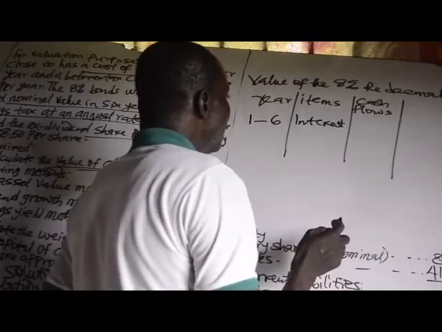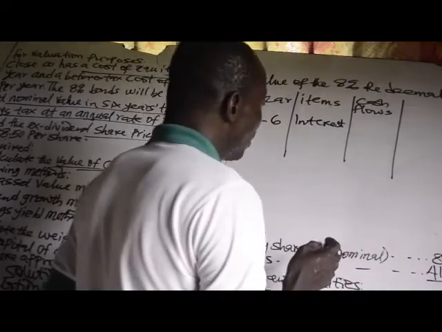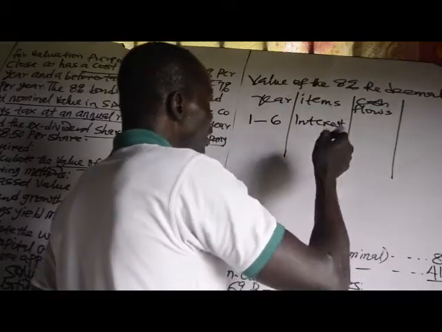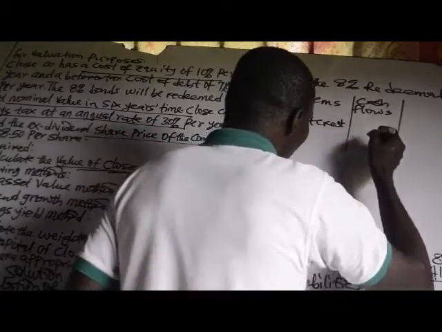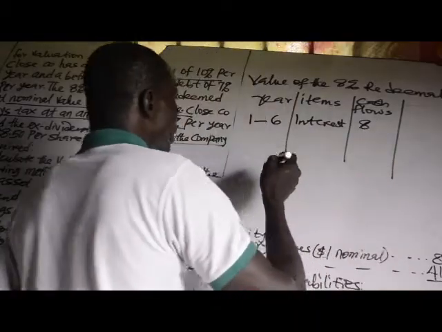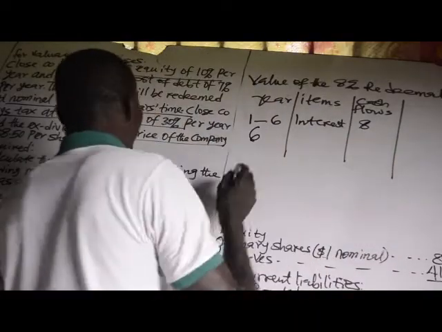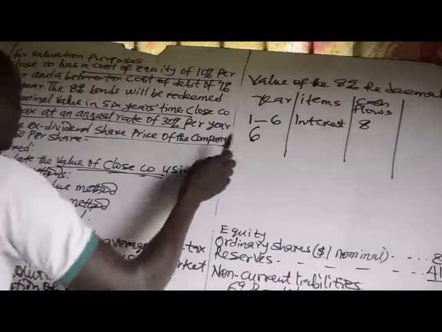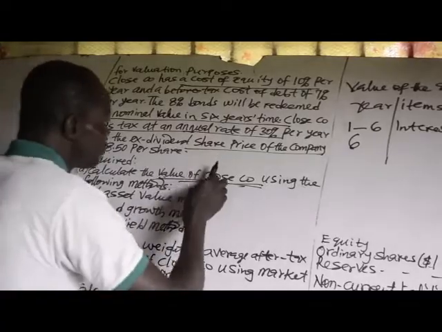If you calculate interest on the bonds, 8% of the nominal value of the bonds, it will still be 8 million. In year 6, you have the redemption value. How much will be repaid at the close of the period?